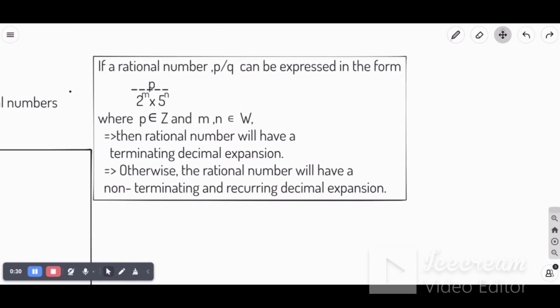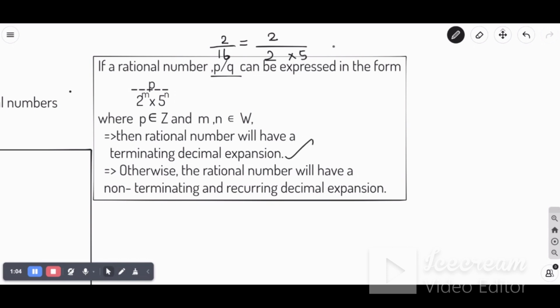The solution is: if your rational number is p by q, say 2 by 16, and can be expressed in the form p by 2 power something and 5 power something, which means if you are able to write the 16, or the number below, in terms of 2 powers or also 5 powers, then that will be your terminating decimal.